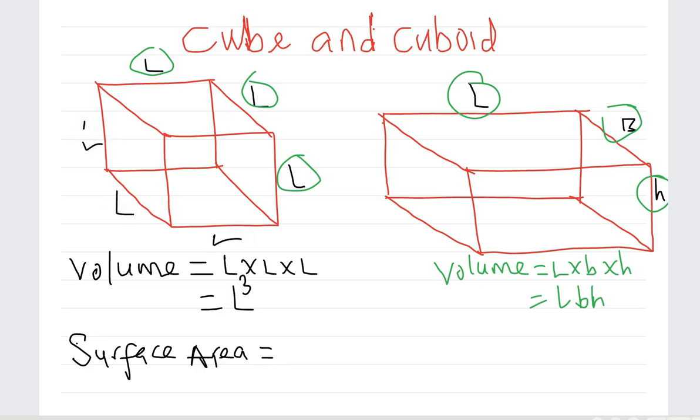So that is L times L, this L and this one, this L and this L and this. That's why we have the surface area to be 6L squared. How many L's do we have? 6 lengths. 6 multiplied by the length squared, because it has 6 sides.